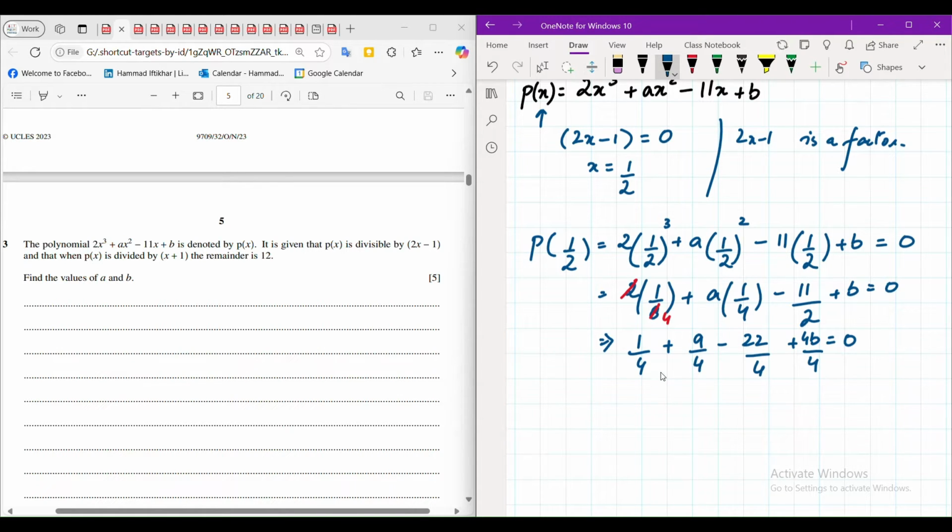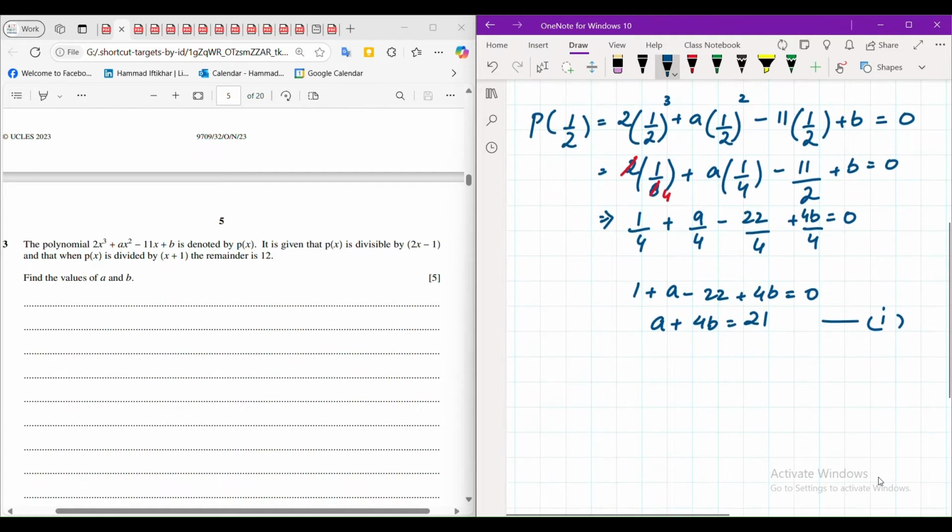Since 4 is the common denominator, it cross multiplies on the right hand side, and that becomes 0. So we are left with 1 plus a minus 22 plus 4b equals 0, which can be simplified as a plus 4b equals 22 minus 1, 21. And this is our first equation.